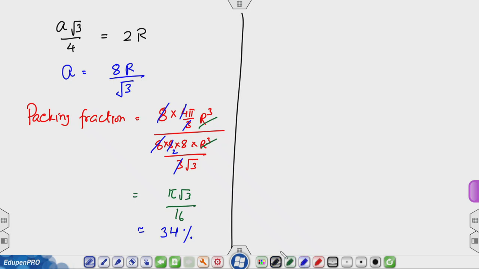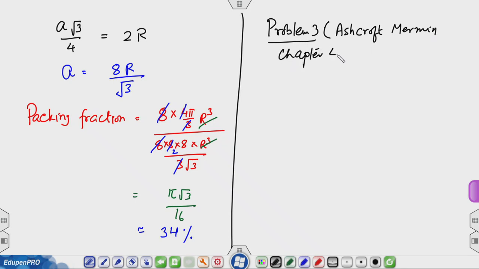Next, this problem has to do with identifying Bravais lattice, and this is Ashcroft Mermin, chapter 4, problem 1. I am doing it partly, and the rest of the problem is going to be given as an assignment problem.